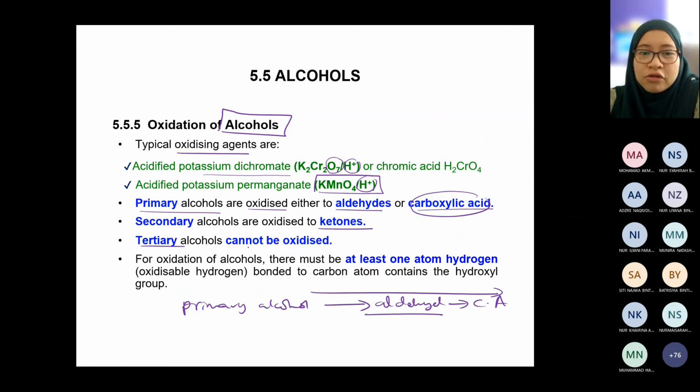Tertiary alcohol will not undergo oxidation. Kenapa? Okay, dia punya tips dia adalah, in order to undergo oxidation, you kena ada free hydrogen atom attached to that carbon yang pegang OH. Okay, like this one. Okay, this is primary alcohol.